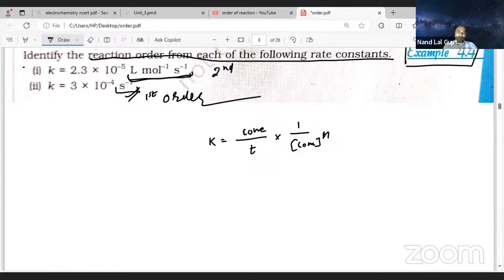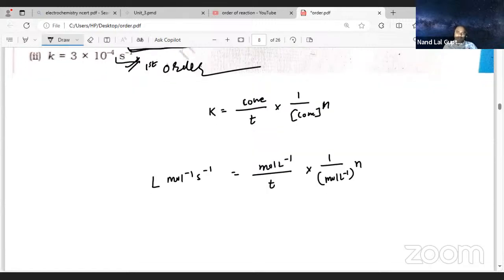What K value is given? Liter, mole inverse, second inverse. Concentration we already know is mole per liter, upon time, multiplied by 1 upon mole per liter power n. Time means second.